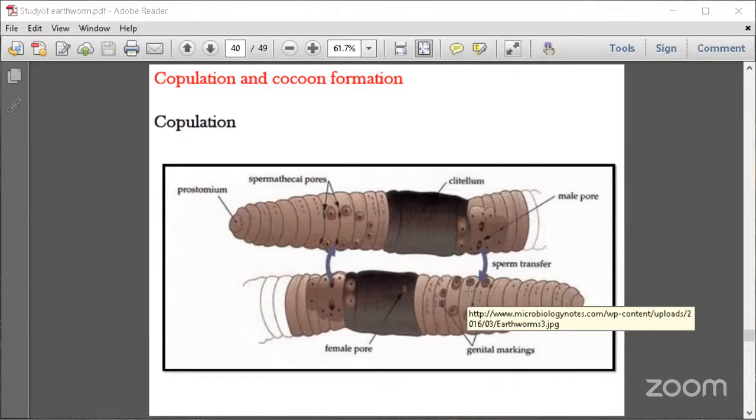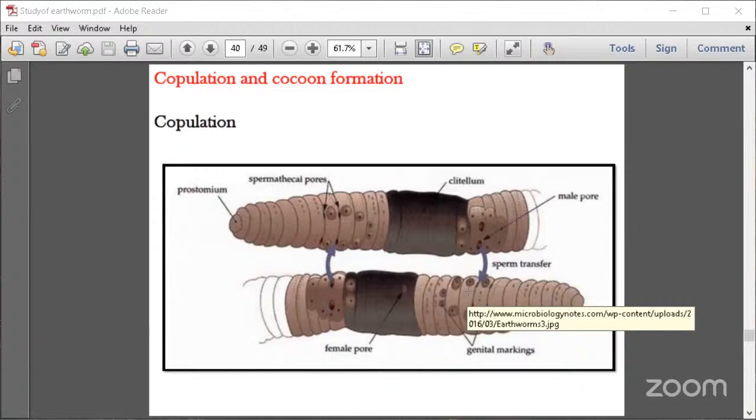Two earthworms come close together in such a way that the male genital pore of one worm lies opposite to the spermathecal pore of the other.